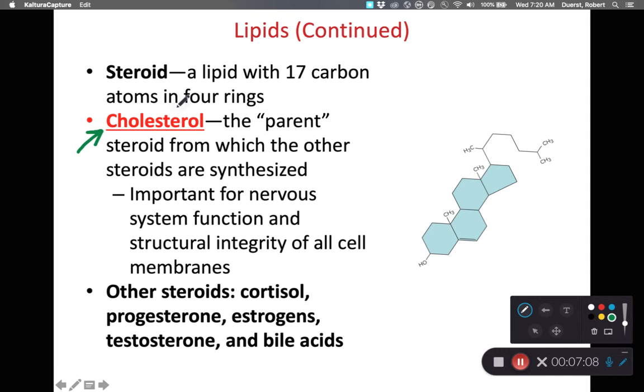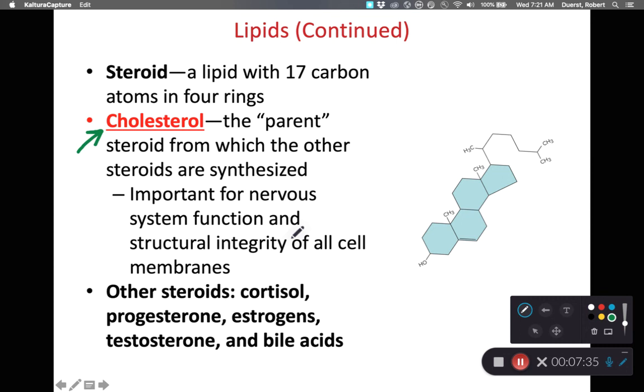And as we look at cholesterol, not only is it going to be important because it's a precursor for the steroids in our bodies, it's also important because it's used to modify the fluidity or viscosity of the cell membrane. If we have increased concentrations of cholesterol, our cell membranes tend to be more viscous. And if we reduce the concentration of cholesterol, our membranes become less viscous.